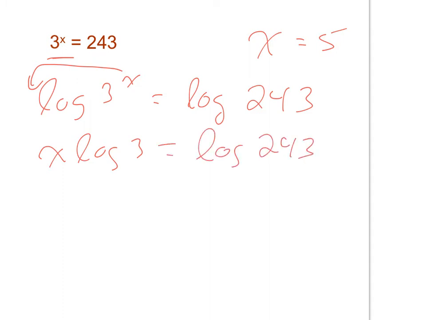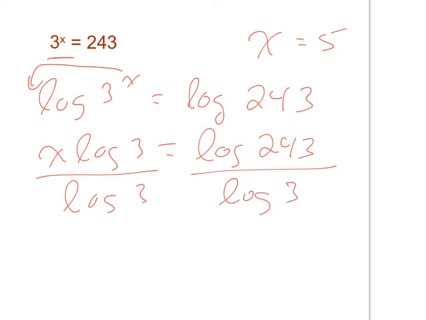I'm going to divide both sides by log 3. Don't forget that log 3 is just a decimal, as is log 243. Whip out your calculators, and you're going to type in log 243 divided by log 3. You're going to get decimals if you hit enter in between, but when you're all done, you're going to find that x is equal to 5.